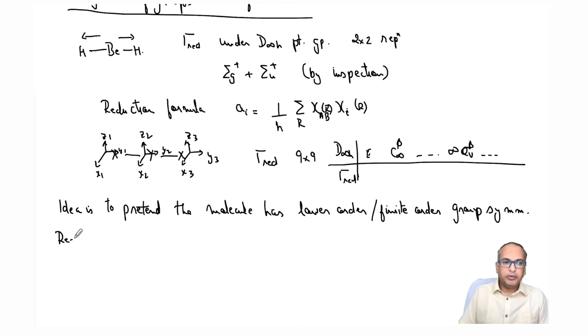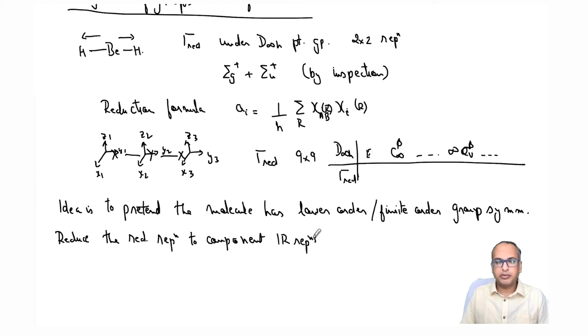Now reduce the reducible representation to component IRs and then correlate them to appropriate species of the true higher order point group.